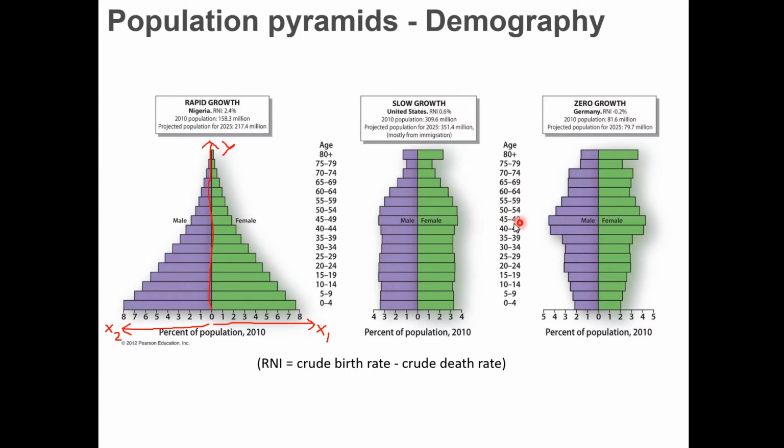And so the people around 45 to 55, or in the case of Germany, from about 40 up to 50. And then we have declining numbers of kids born, down to a point where there's very little newborn in this country compared to the rest of the population. So the rate of natural increase in Germany is currently negative, which means that if we only look to births and deaths, we would have a negative trend.